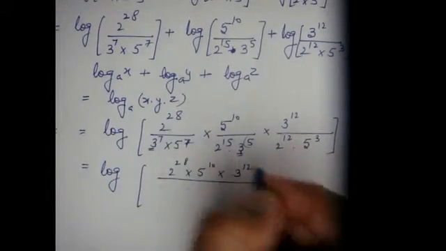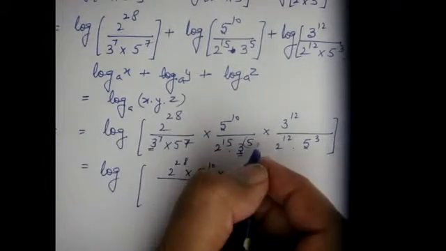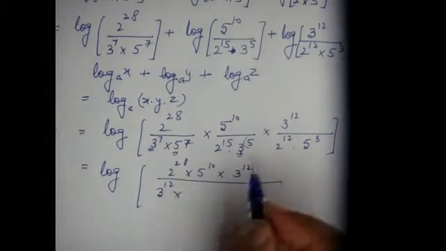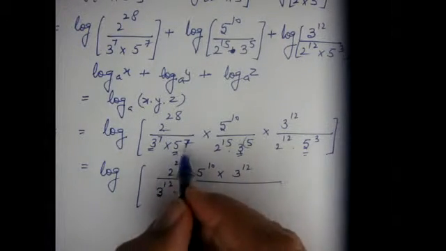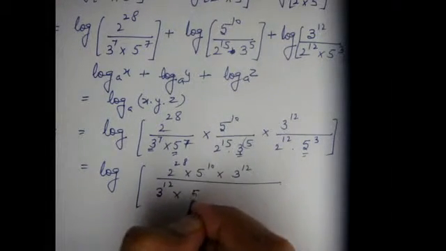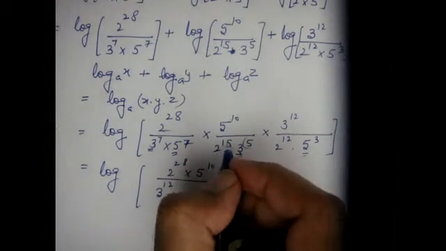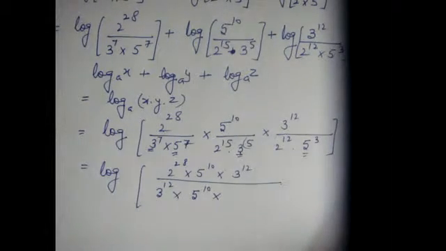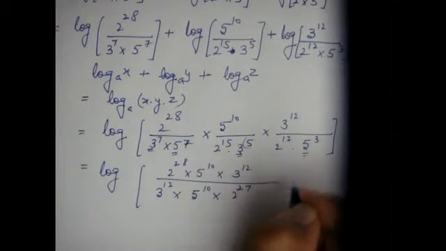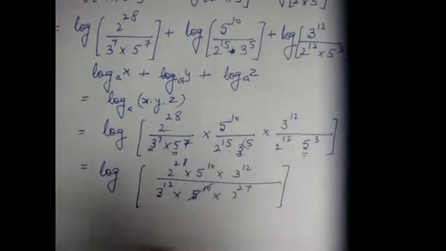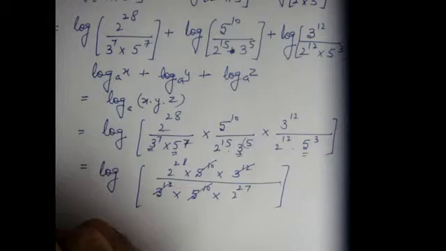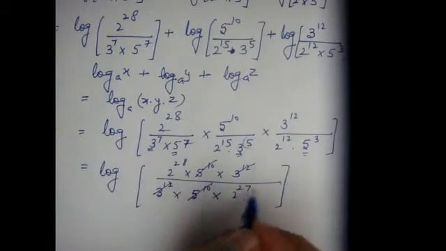Now if 3 and this 3 get multiplied, their powers will be added, and that will turn out to be 3 to the power 12. If we take 5 here and 5 from here, we have 5 to the power 7 and 5 to the power 3; when both add, it will turn out to be 5 to the power 10. Last we have 2 to the power 15 and 2 to the power 12, and when they add, they will turn out to be 2 to the power 27. We can see 5 to the power 10 and 5 to the power 10 cancelled out, 3 to the power 12 and 3 to the power 12 cancelled out. We are left with 2 to the power 28 and 2 to the power 27.